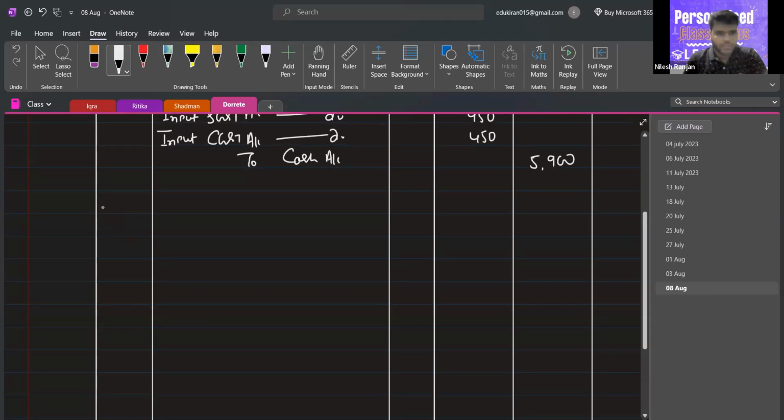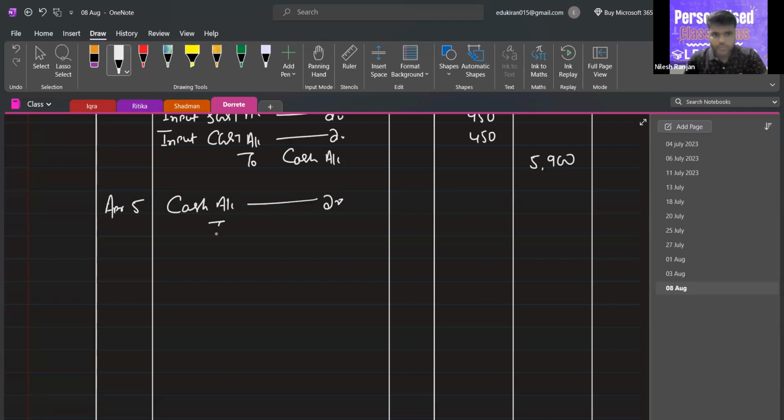Now, the second transaction is on April 5th. It is also for cash sale. So cash account debit to sales account, to CGST output account, to SGST output account.